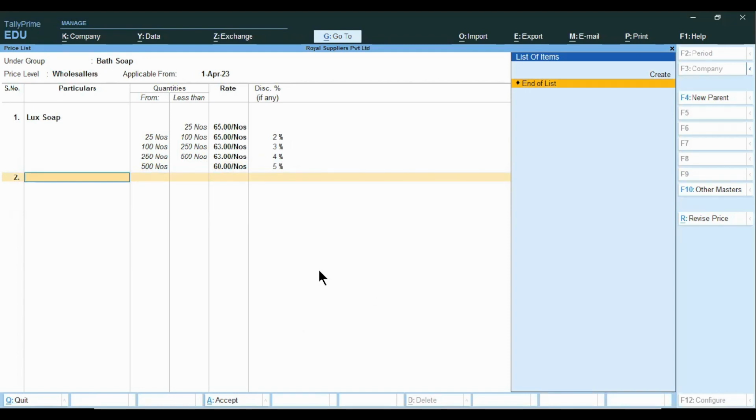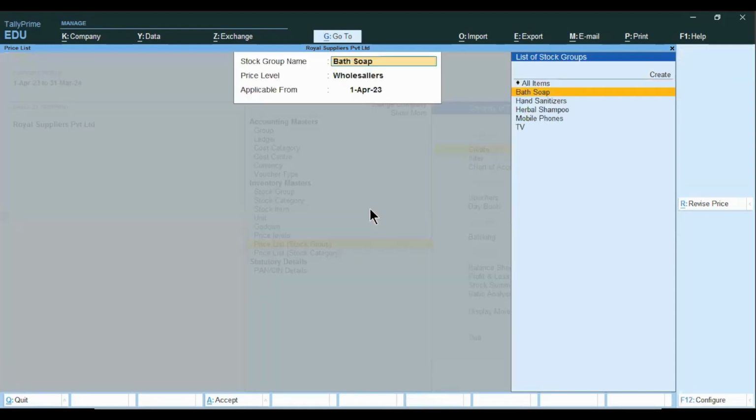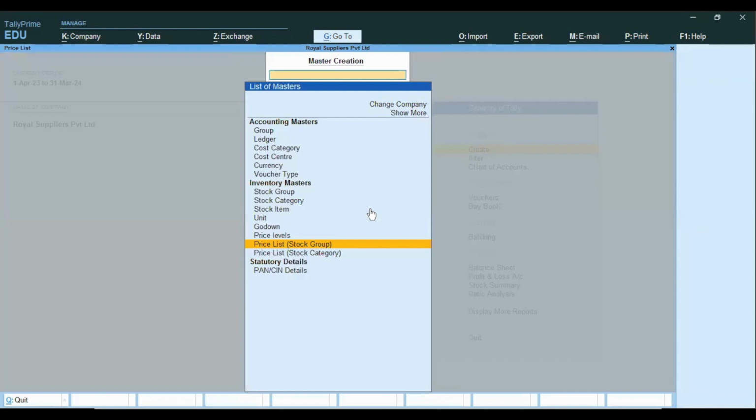So we have created the price list for the stock item Lux soap for wholesalers. Just check. This is under the group bath soap, price level for wholesalers, applicable from 1st of April, and this is the price list. Press Ctrl A, press escape.